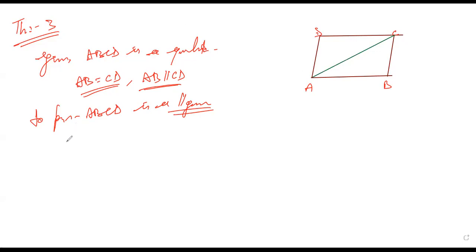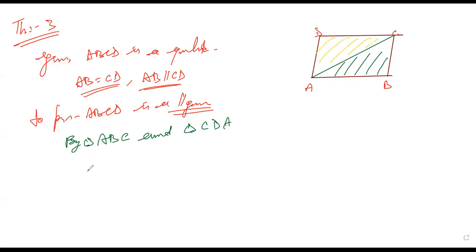So see, if I go by triangle ABC and triangle CDA, I hope you can recognize these two triangles: ABC for this one, and the other one is CDA.